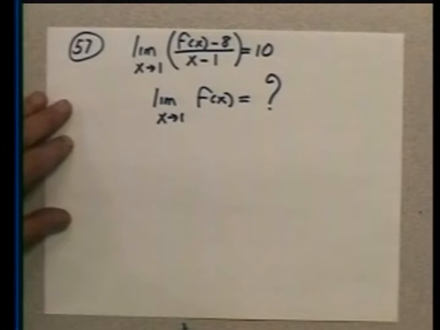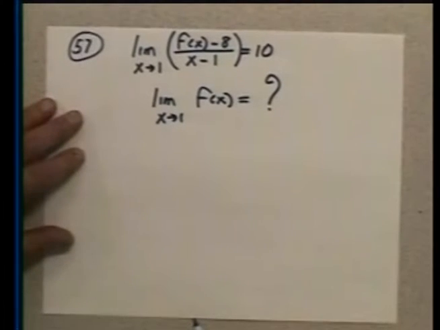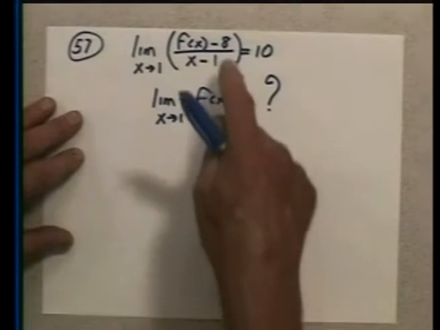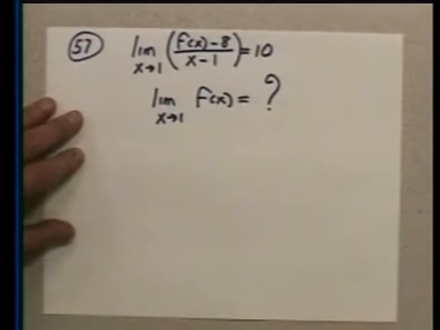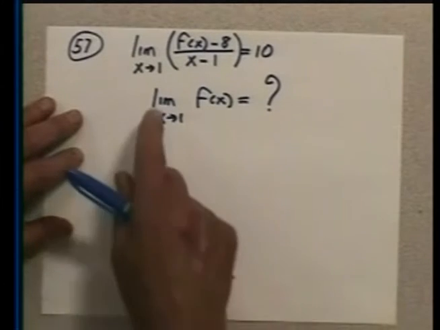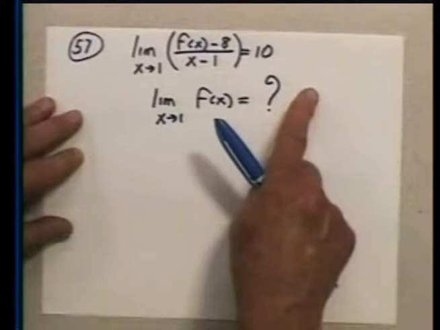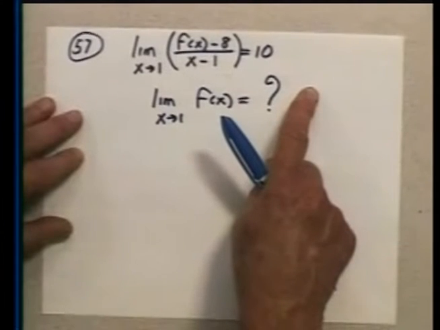Any other ideas, either on how to get at the f(x) or a different plan? Now, typically when we have a fraction, right, what do we want to happen? In other words, to do this limit by direct substitution presents a problem, right?